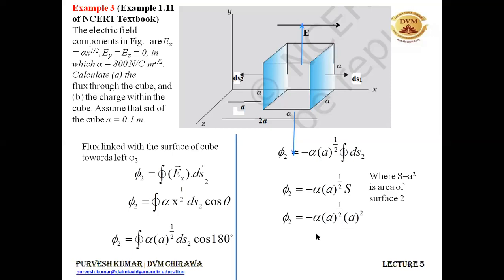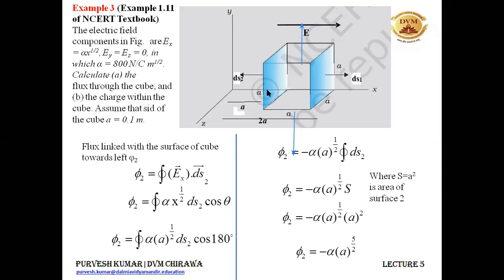So it is equal to minus alpha A to the power 5 by 2. All right. This phi 2, that is the flux linked with surface 2, comes out to be minus alpha A to the power 5 by 2, because A to the power half times A to the power 2, when you solve it out, you have to add the powers, and 2 plus half is 5 by 2. All right. So this is my flux linked with surface 2.